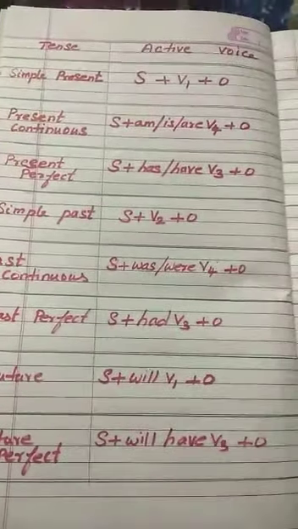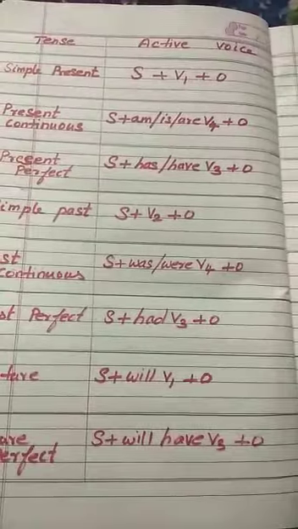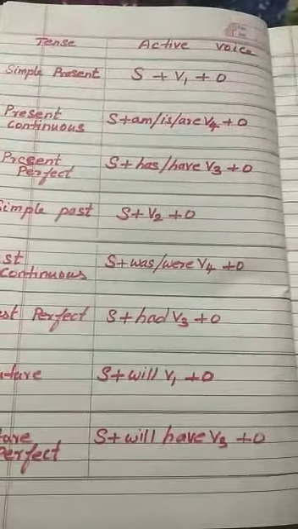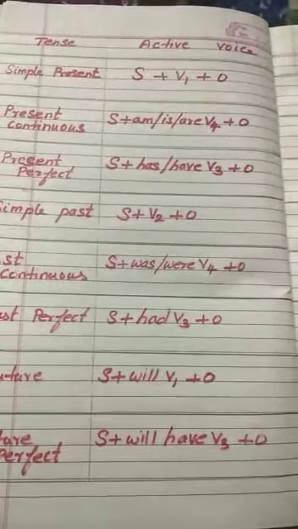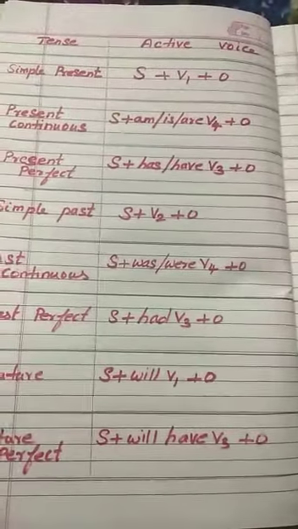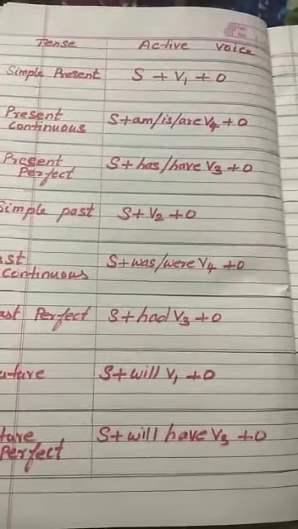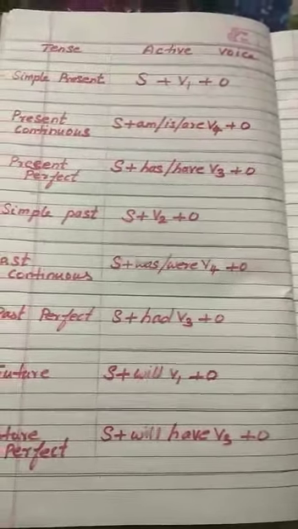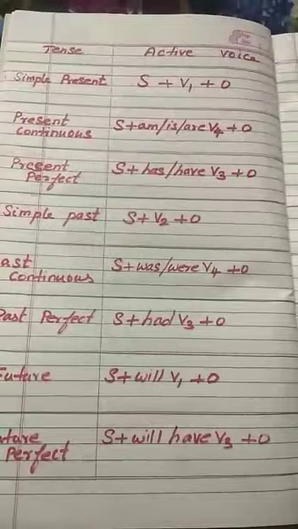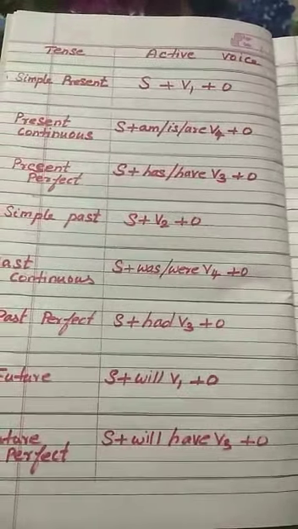Here is a chart for conversion of active to passive or passive to active. First I'll teach you and then I'll post you the chart. You can copy it in your grammar note. The first is simple present. For simple present, a subject, verb and an object will be present. Only these three will be present.